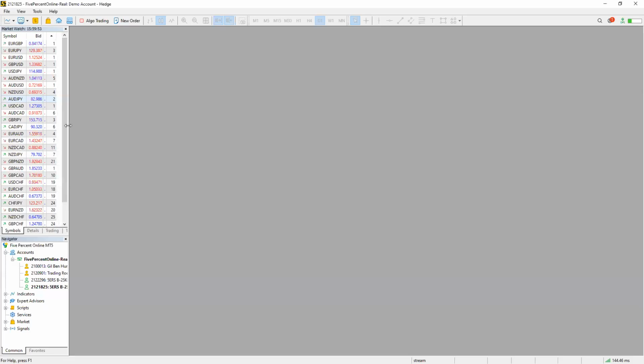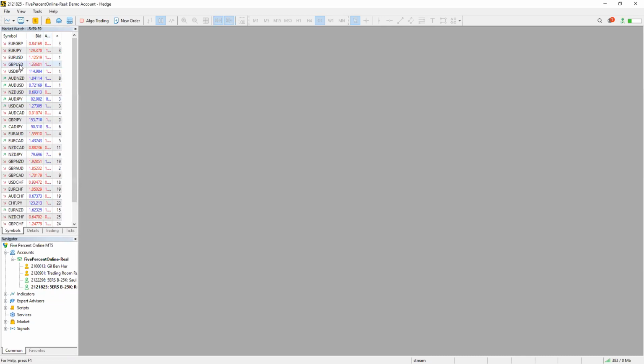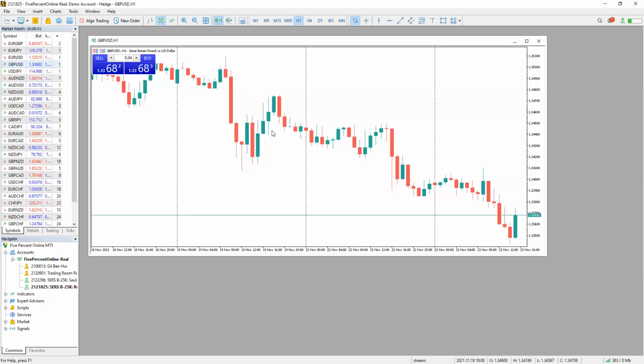I will try to open some interesting pairs today. There are actually big moves in the yen, and also in the dollar. Let's start with this one, for example.